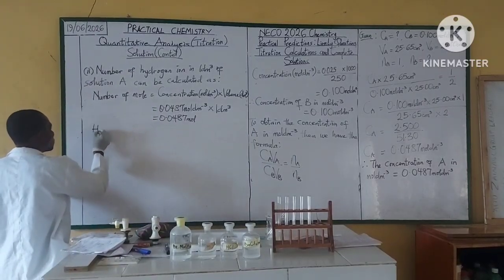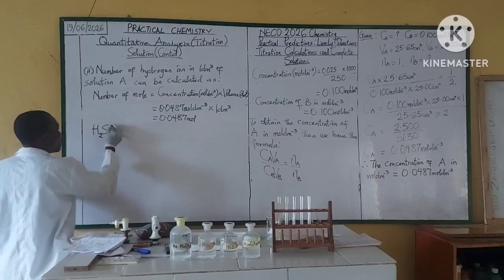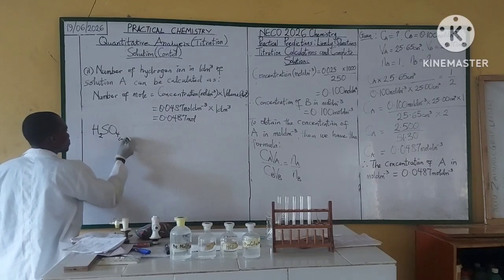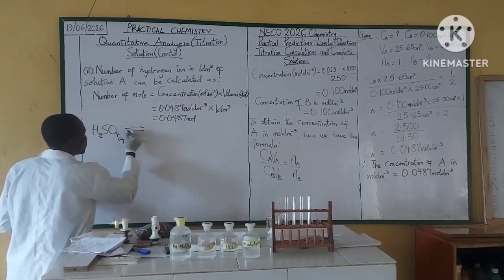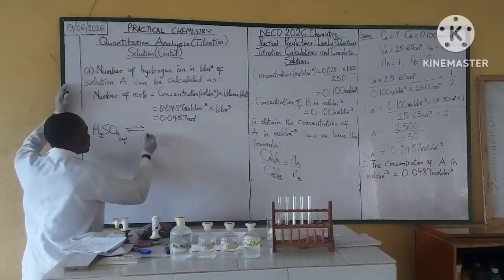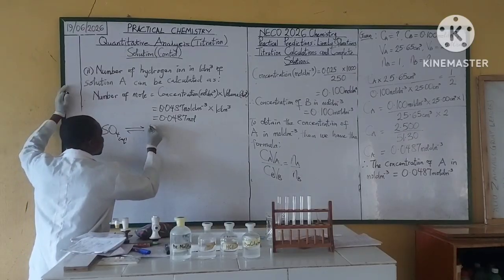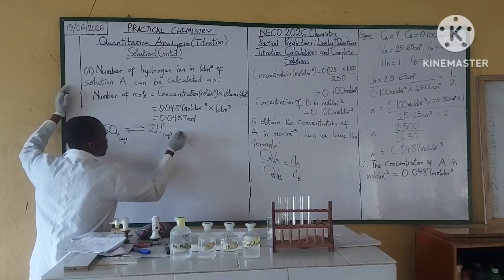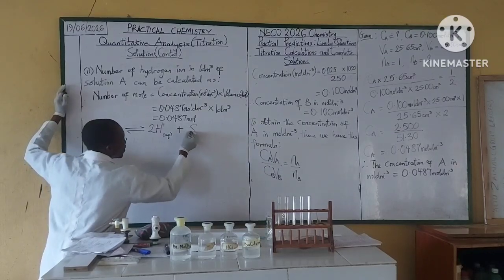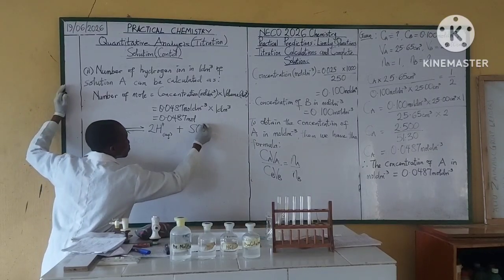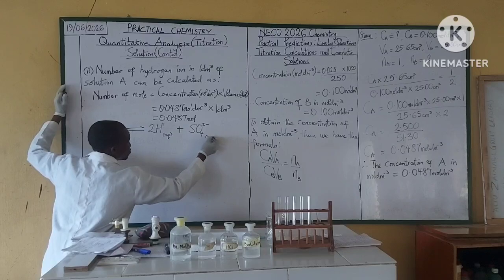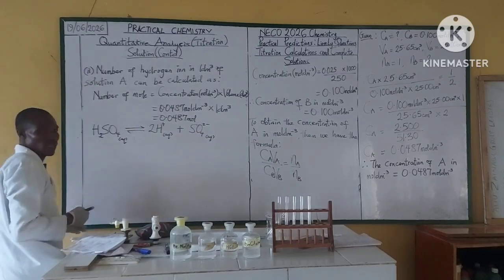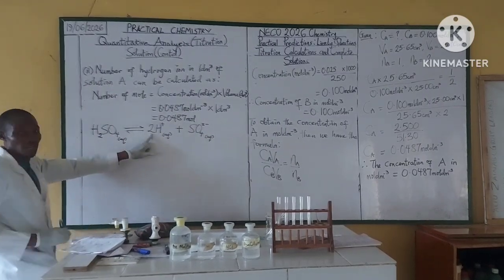Now that takes us to this. We have H2SO4 in equilibrium giving 2H+ plus SO4 2-. Now this is hydrogen ion.